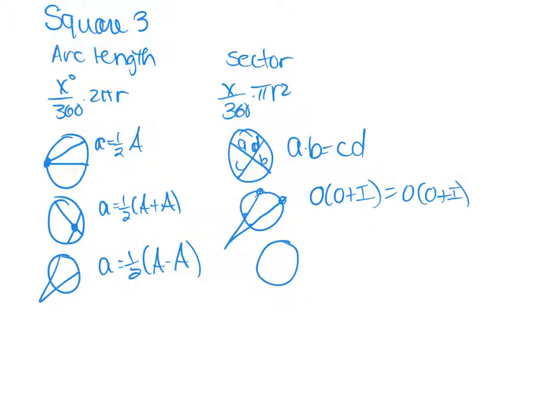If you have a circle and its tangent, then the outside is equal to the outside. So those are your circle formulas. Next, we're going to go to square 4.